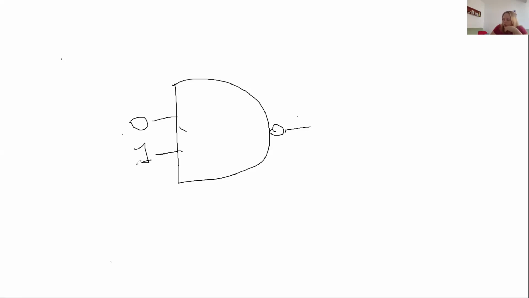Considering that this is a NAND gate, so it's got a NOT, it does the opposite of the AND. And basically the output would be positive on this one here, because it does the opposite. So that's basically the NAND gate.